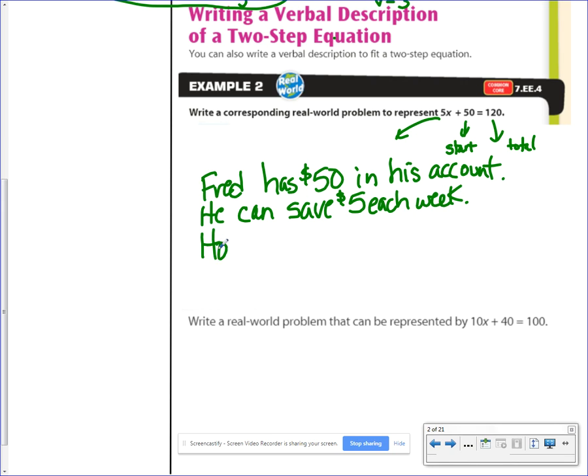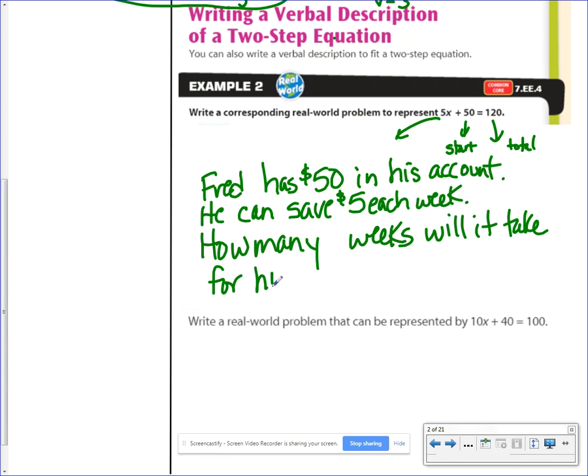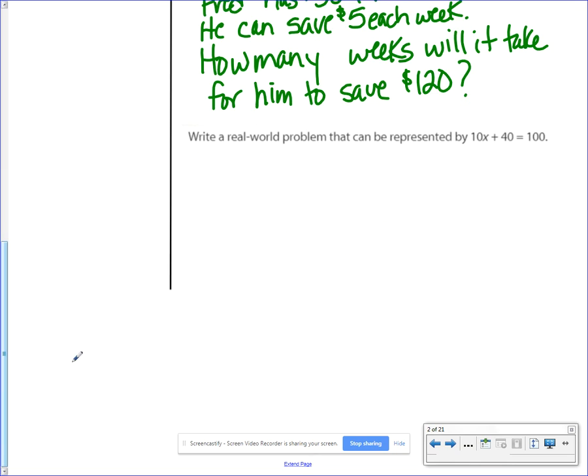How many weeks will it take him to save $120? Okay, the 120 would be my total. I've already got 50 in there, and I can kind of add to it 5 every whatever this unit is. It could be months, weeks. You know, in this situation, I'm letting my variable represent some kind of time frame.